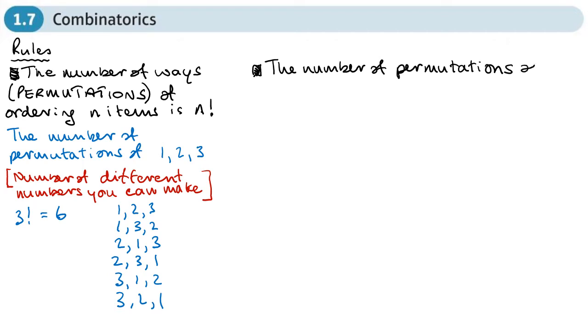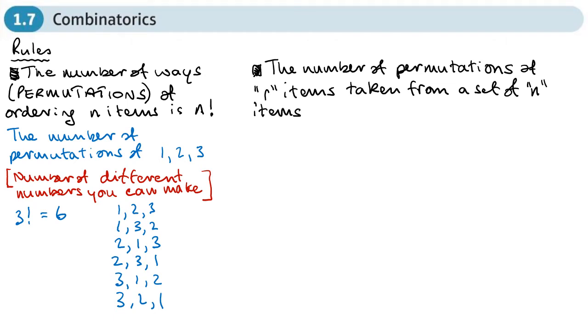Okay, so this rule is that the number of permutations, so we know what permutations are now, of r items taken from a set of n items is equal to this, n factorial over n minus r factorial.